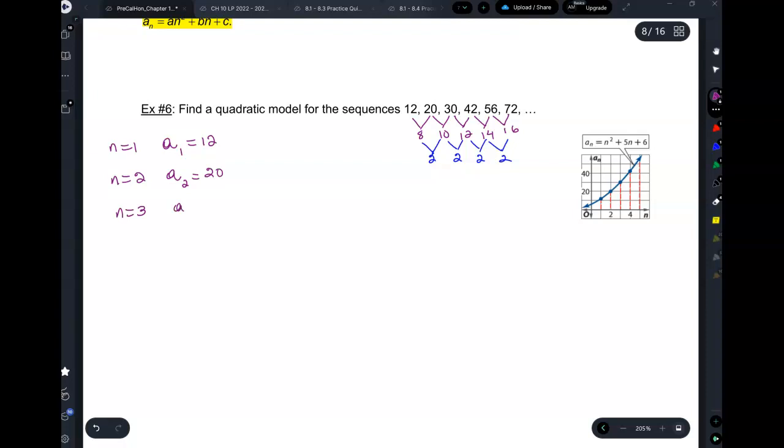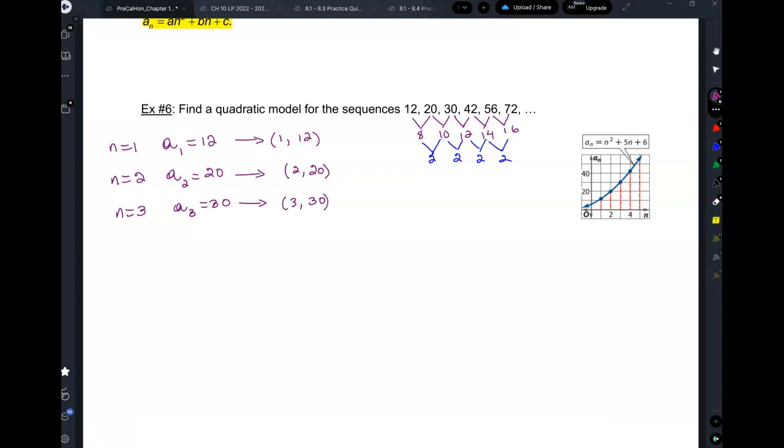When n is 3, what's a sub 3? 30. So all these can be created into coordinates: 1 comma 12, 2 comma 20, 3 comma 30. Are you taking notes?